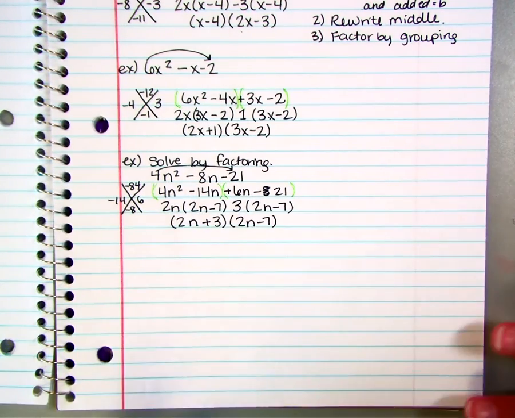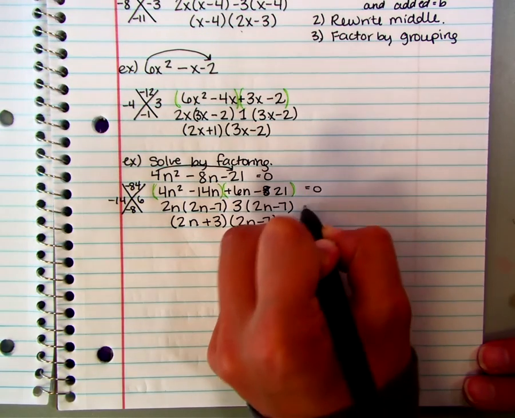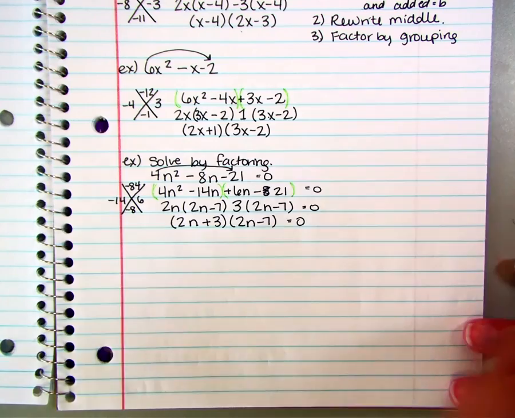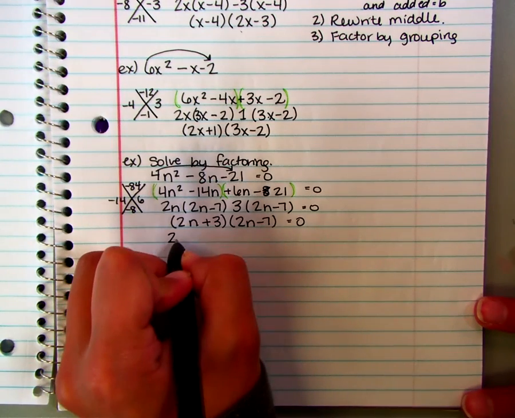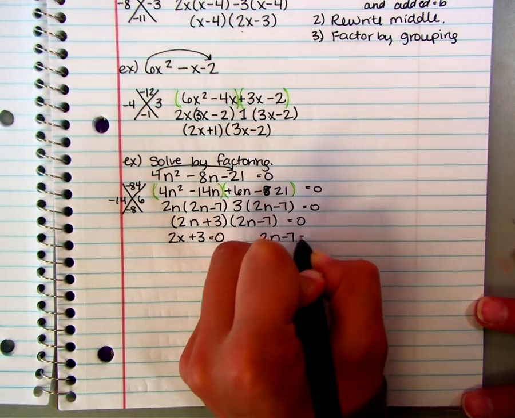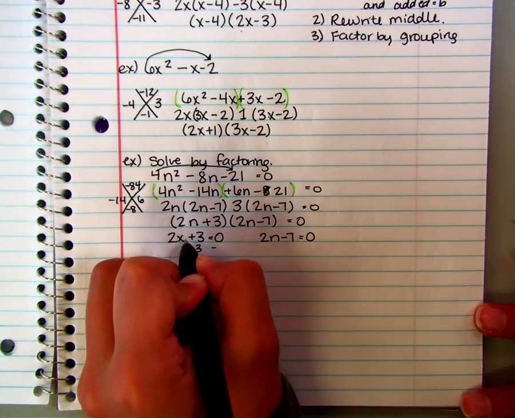So remember the direction said to solve. So really we should have an equals 0 out here. And so to solve, all we have to do is set both of those factors equal to 0.